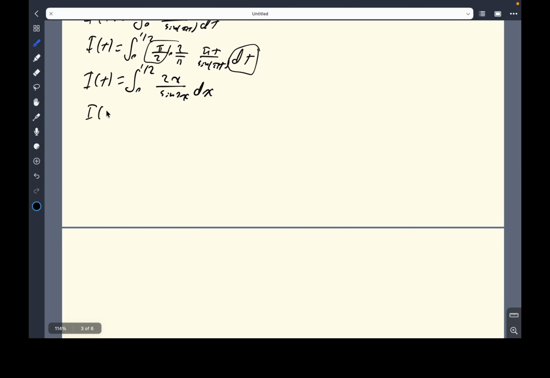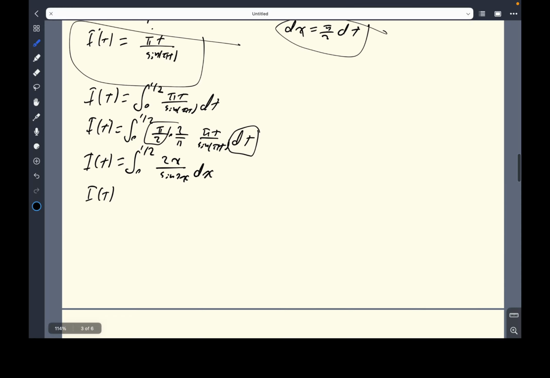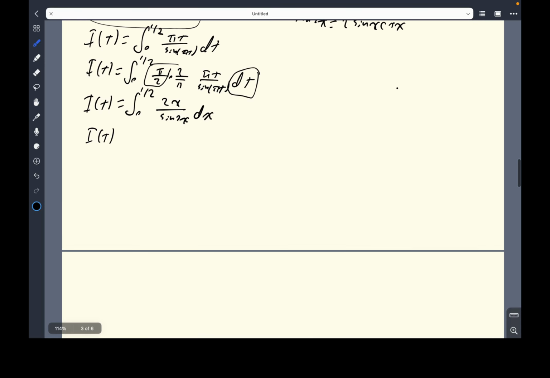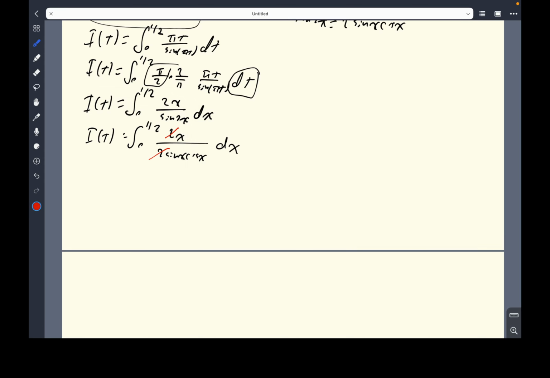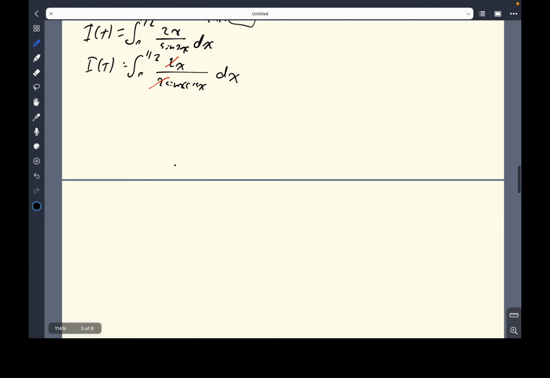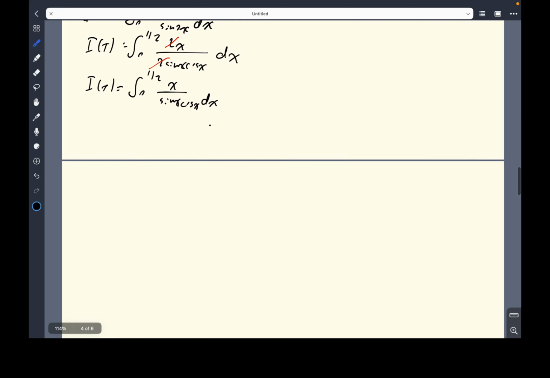I can use the trigonometric identity of sine 2x as 2 sine x cosine x, and then I can write this whole thing as 2 sine x cosine x dx. As you might notice, the 2's are going to cancel out perfectly here. And my integral is 0 to half of x over sine x cosine x dx.